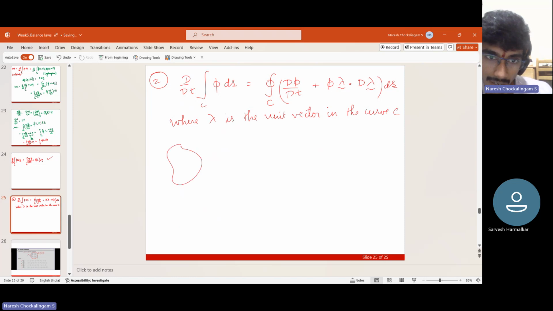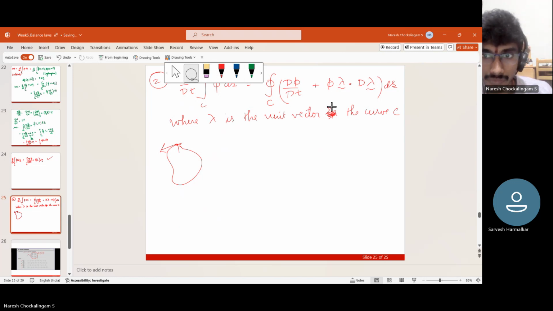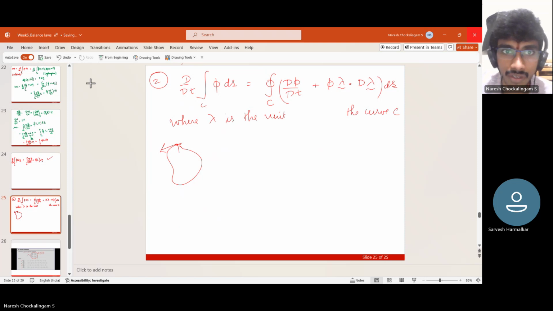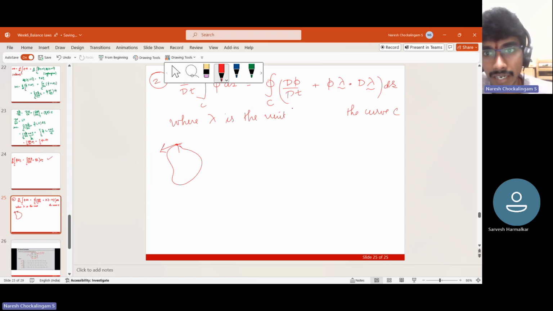So you have a curve here. At any point the curve has a direction, and in that direction you draw a tangent unit vector tangential to the curve. So lambda is a unit tangent to the curve.